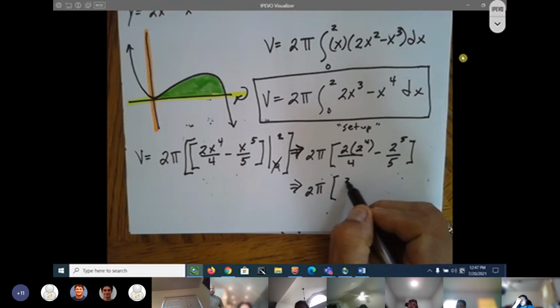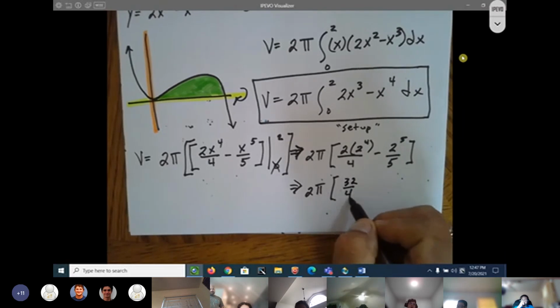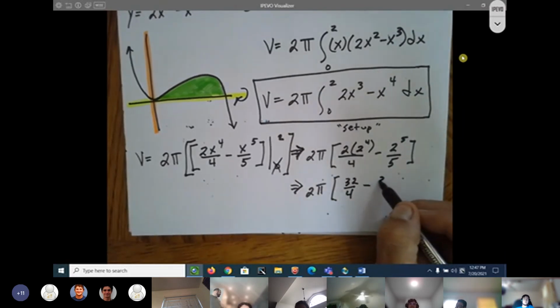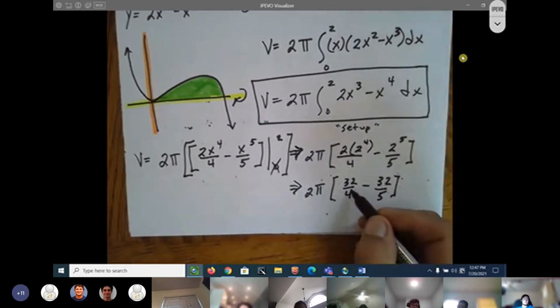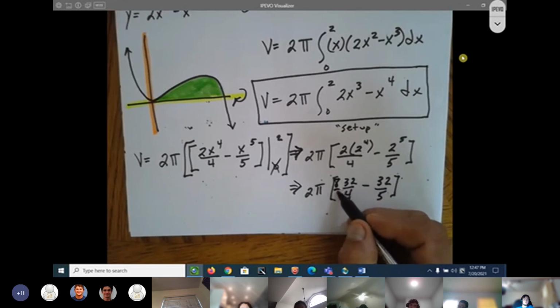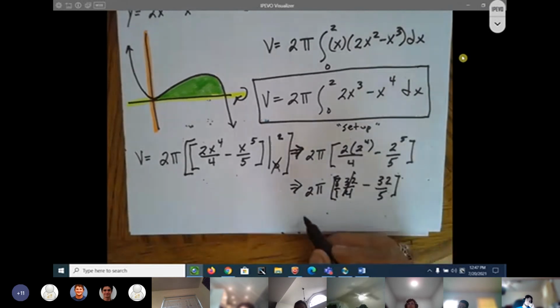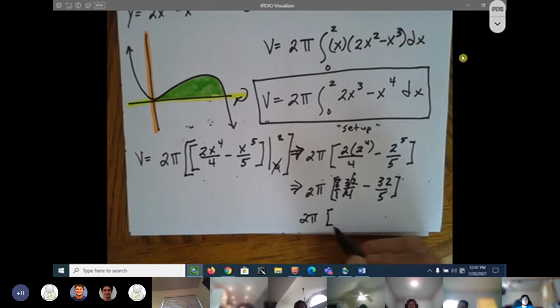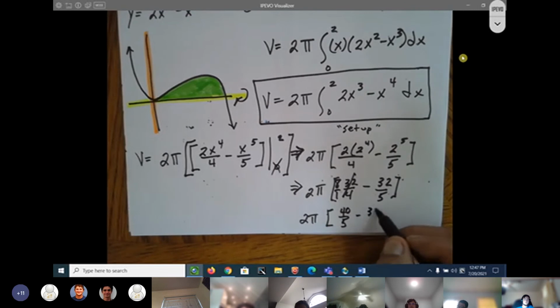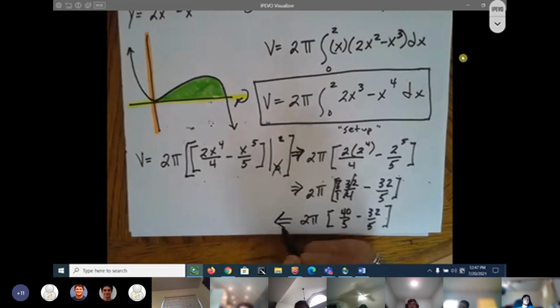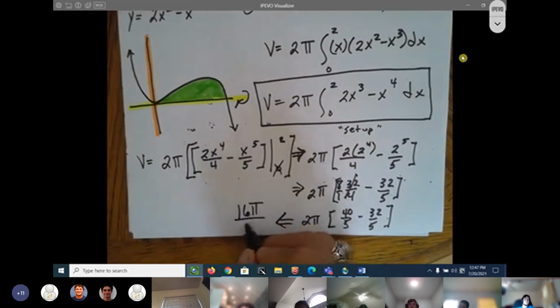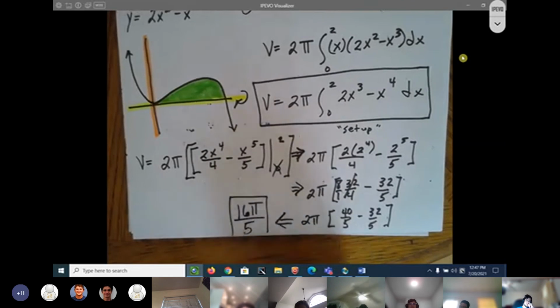I got 32 fourths. Somebody check my math there. Minus 32 fifths. Well, this is 8, so I can make that 8 over 1, which means 2 pi times 40 over 5. Somebody help me out there. I get 8 over 5, which would be 16 pi over 5. Somebody check my math, please.